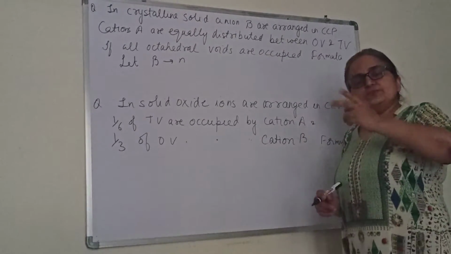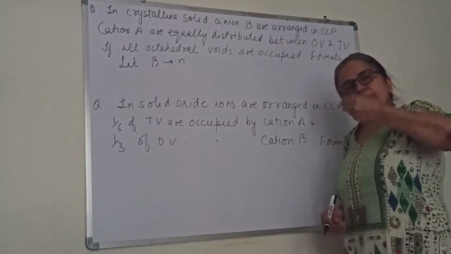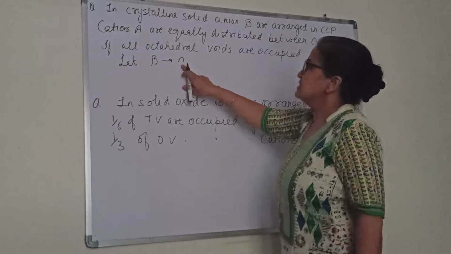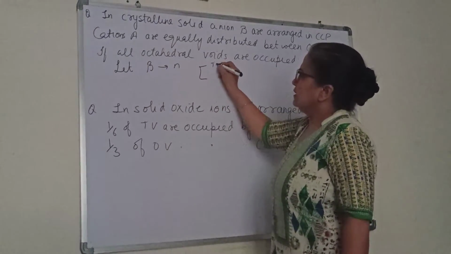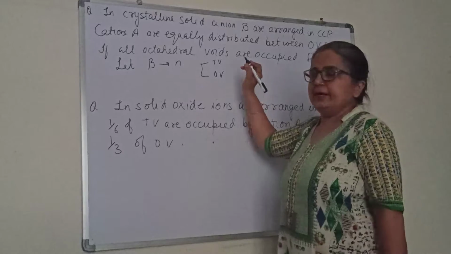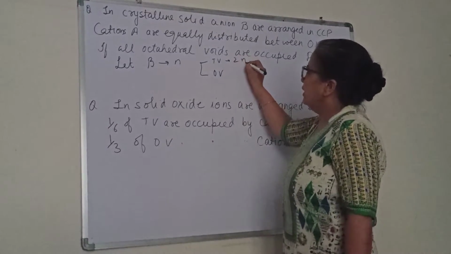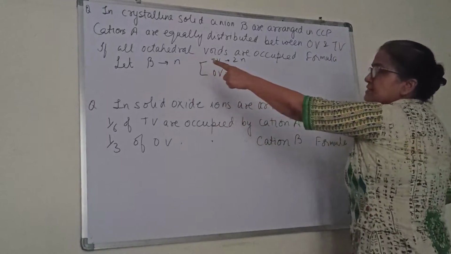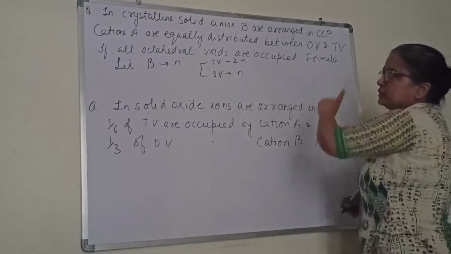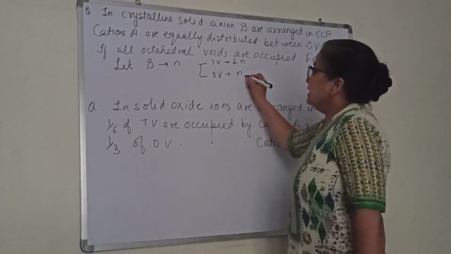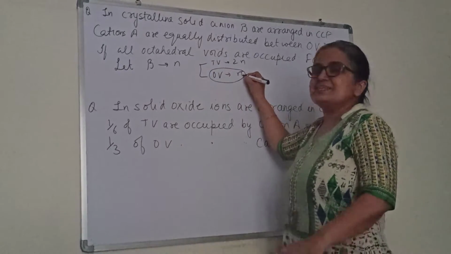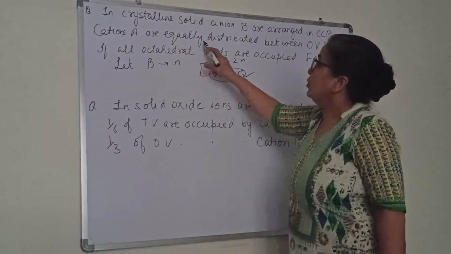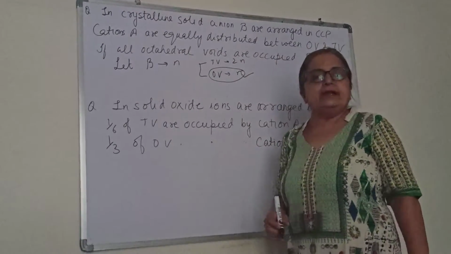That means the cation is occupying octahedral as well as tetrahedral voids. So if this is n, how many tetrahedral and octahedral voids will be there? This will be 2n, this will be n. Now further it is saying it is occupying all the octahedral voids. That means the octahedral void number is n.